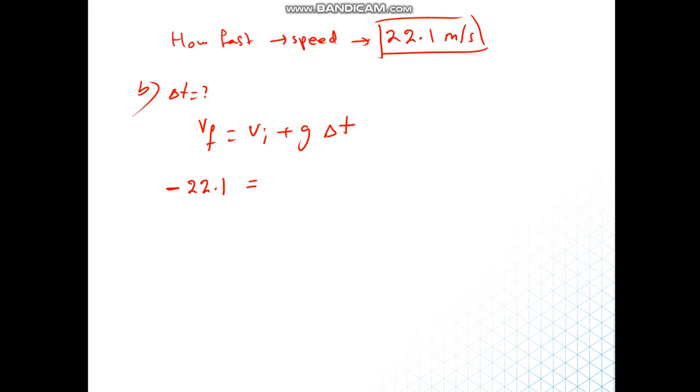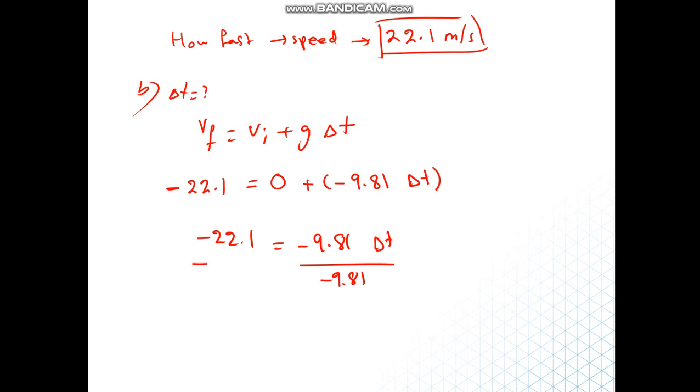V final is negative 22.1. Be careful that in the four equations I keep the signs correct because I'm dealing with vector quantities. 0 plus negative 9.81 delta t. So negative 22.1 is equal to negative 9.81 delta t.